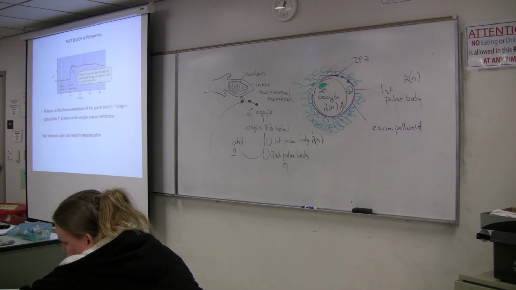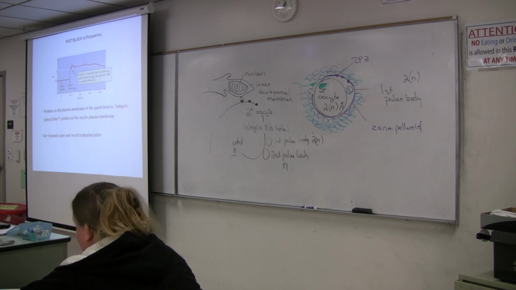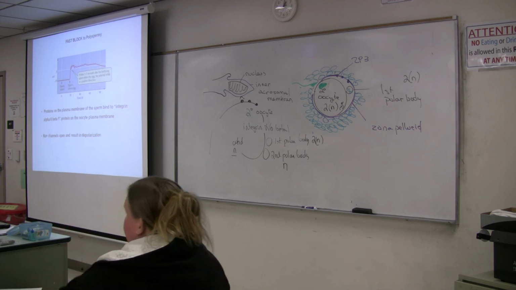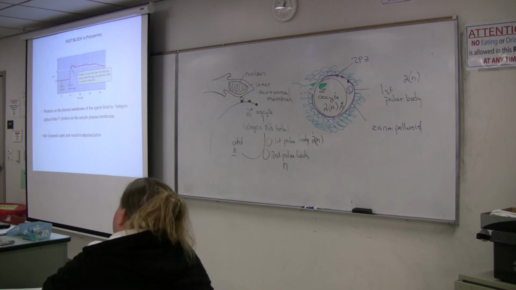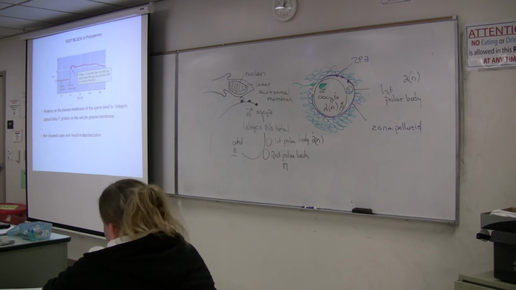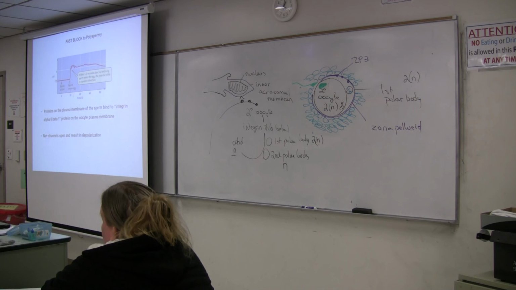So where do maternal twins come from? Okay, so twinning, and we'll get back to blocks to polyspermy in a moment. If you have twins that are not identical, that is 2 separate eggs fertilized by 2 separate sperm. Okay? So it may be 2 eggs from 1 ovary, or it may be that both ovaries ovulated at the same time.